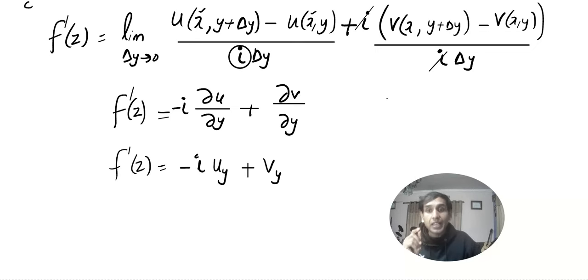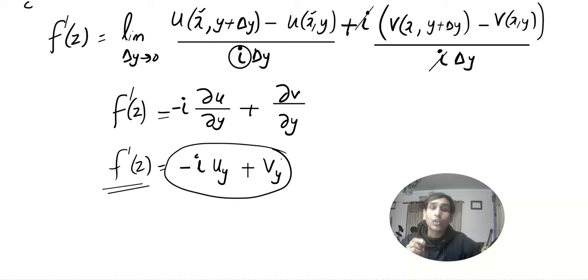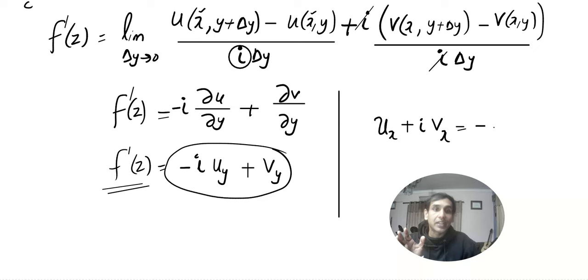If a function is analytic, it is differentiable at each and every point. And at each and every point, that limit will exist. And since the limit exists, regardless of the path, the value of the limit, that means what we got from case 1 and case 2, should be equal. So all we have to do is equate the value that I got from case 1 with the value that I have from case 2.